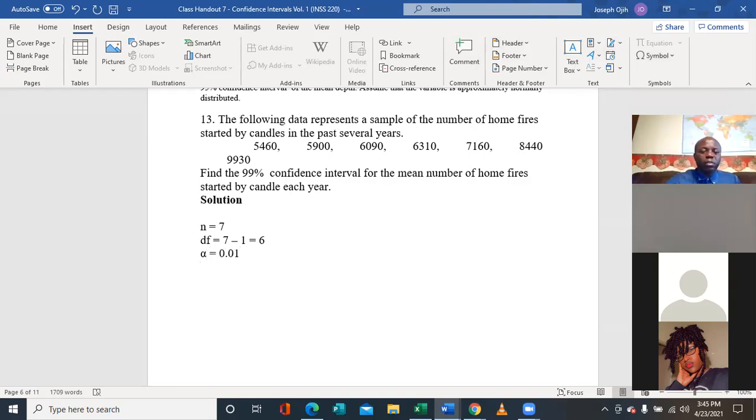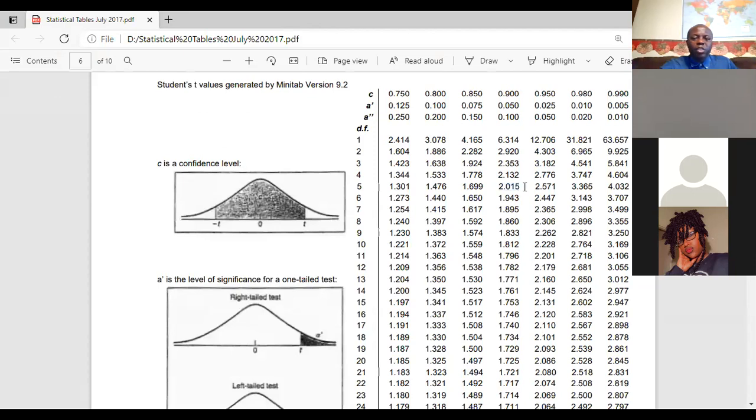Now the critical value t alpha over 2 we can get from the table of T distribution. The degree of freedom is 6, and alpha is 1%, which is right here.